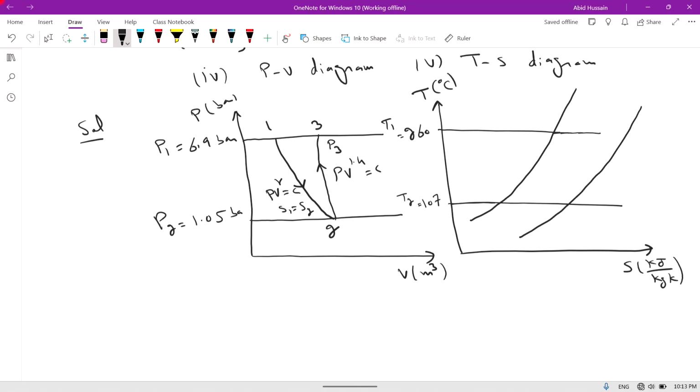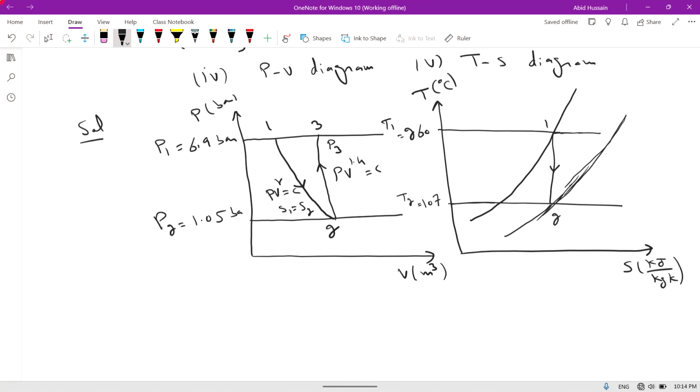Now process 1 is a straight line, an isentropic process from 1 to 2, and the second constant pressure line passes through this point. Initial temperature T1 is 260 and the final temperature for process 1 is 107 degrees centigrade.